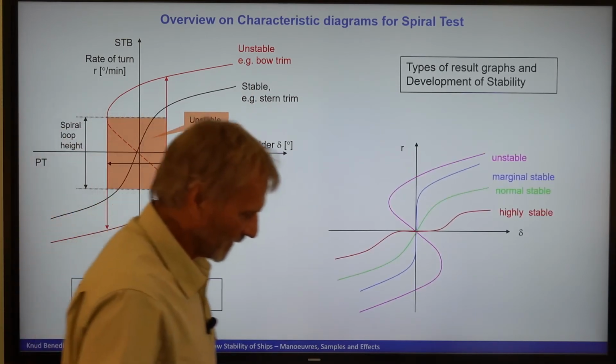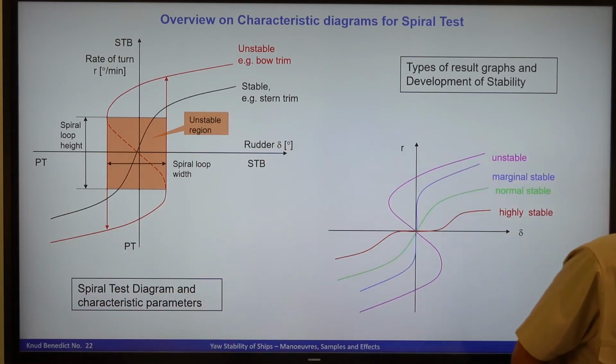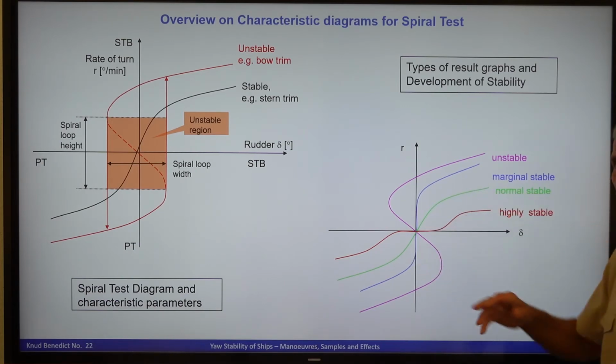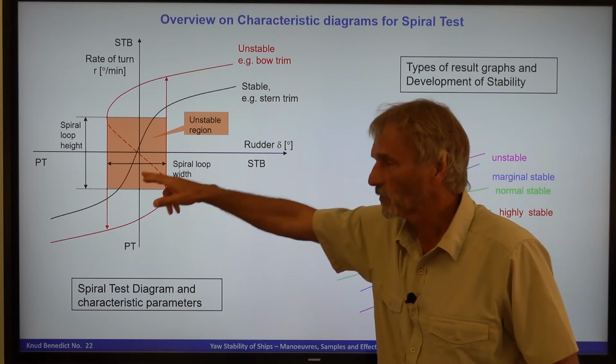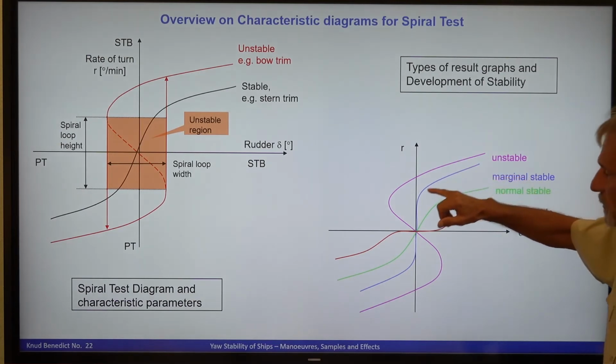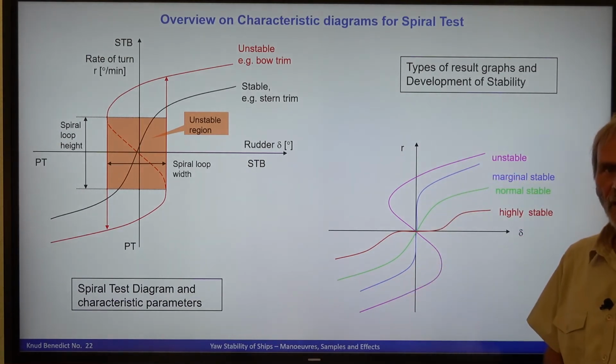I have put together several grades of stability. The green one is a normal stable ship, according to what we have seen for the AIDA Blue. The marginal stable one is close to the Costa Fortuna.